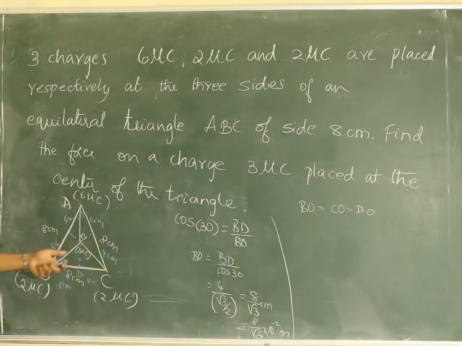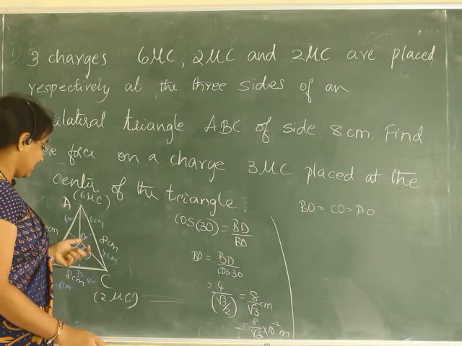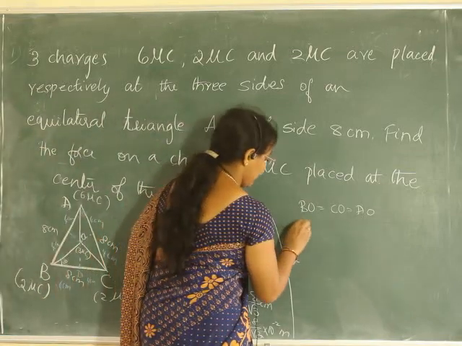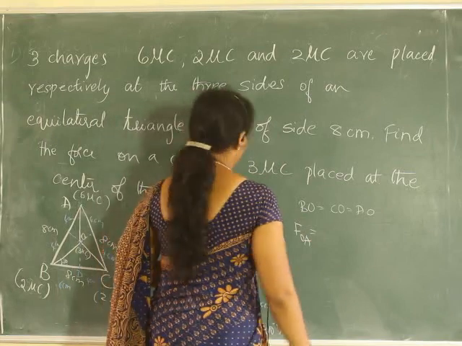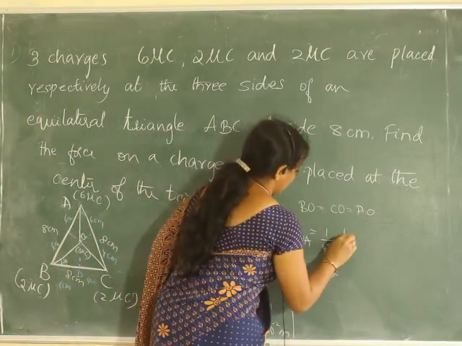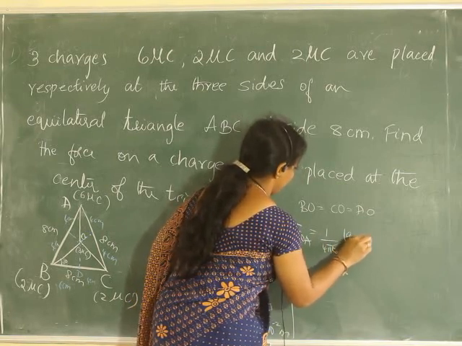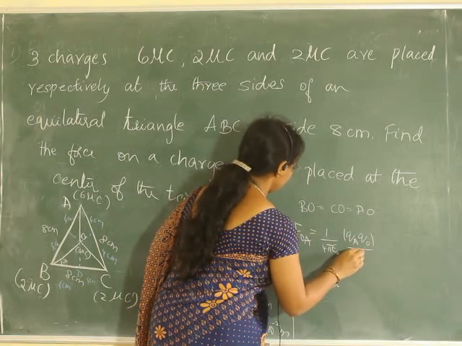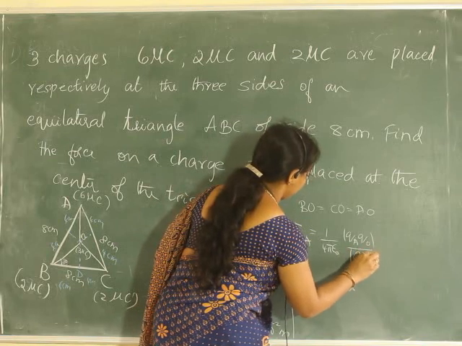Force on the charge 3 microcoulomb, or charge at O due to the A. FOA is equal to 1 by 4 pi epsilon naught QA QO by R square. R is nothing but OA square or AO square.